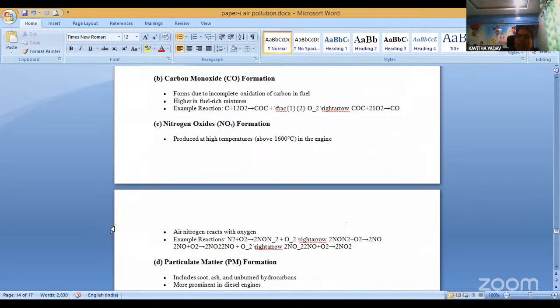These are incomplete reactions, where even a single chemical is not in completed form. That's why these are the most harmful emissions to the environment, because of this incompleteness.